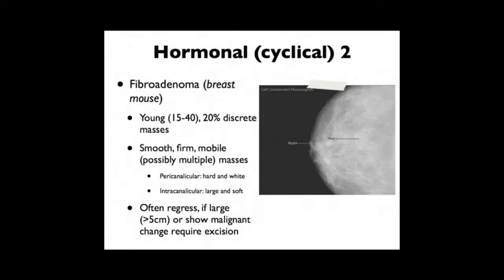They can be divided into pericanalicular, which tend to be hard and white, or intracanalicular, which are large and soft. Normally, these follow the cycle of the woman, so tend to enlarge and then disappear at certain points during the cycle. But if it's very large or there's any malignant change, then you may need to excise the lump.